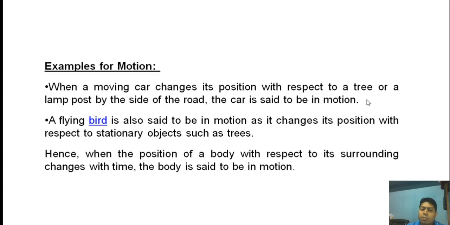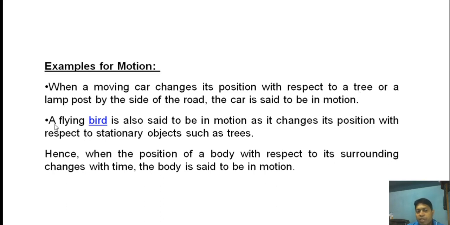So this is one example of motion. What is the first example? When a moving car changes its position with respect to a tree or a lamp post by the side of the road, the car is said to be in motion.